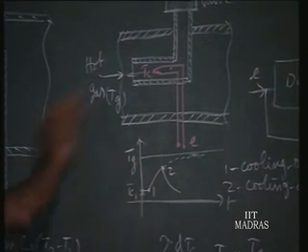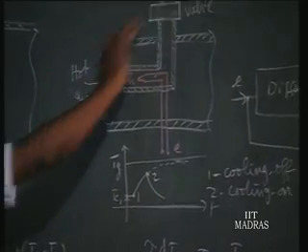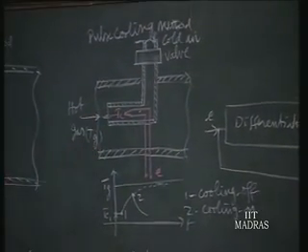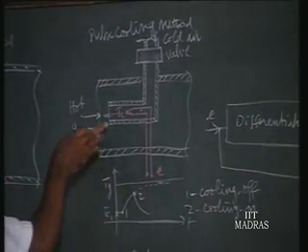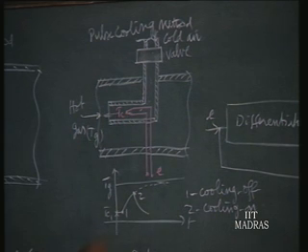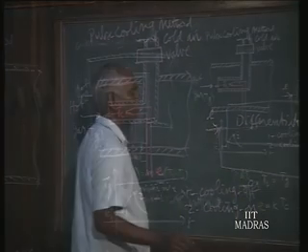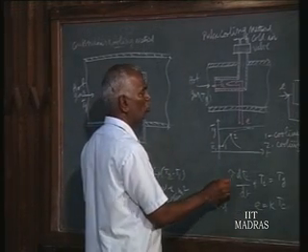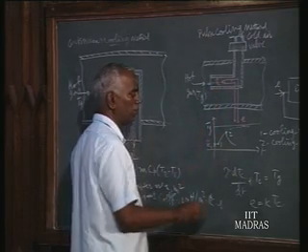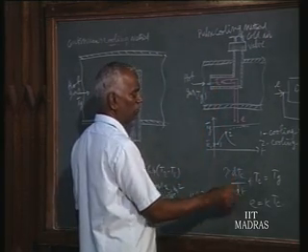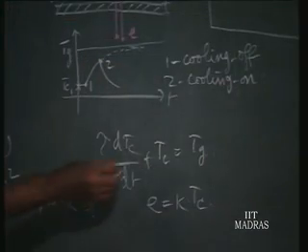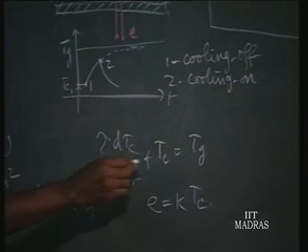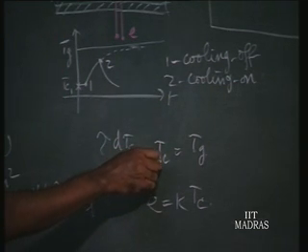Suppose you want to measure the hot gas temperature, what do you do? Close the valve. Immediately the hot gas will enter the support pipe, and the junction temperature will start rising. We know any temperature measuring instrument is a first order instrument, so it follows this differential equation. Tau is the time constant of the thermocouple element, tau times the rate of rise of the temperature plus the junction temperature is equal to Tg.